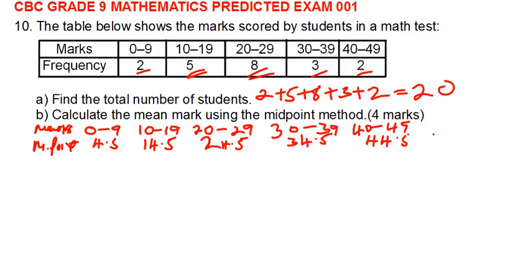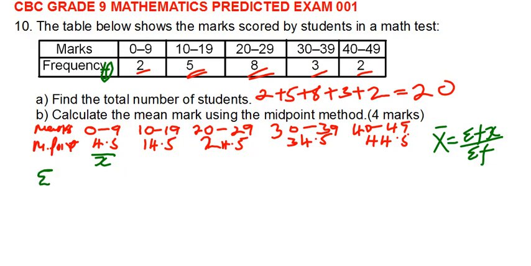To get the mean, we use this method. x bar, which represents the mean, is equal to the summation of fx divided by the summation of f. We call the midpoint x, and the frequency is f. So we need the sum of fx.